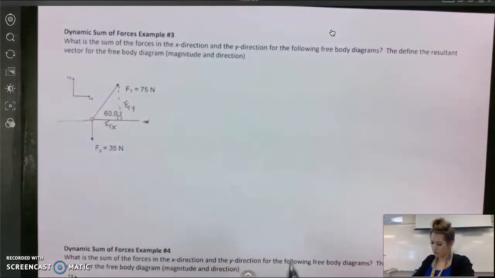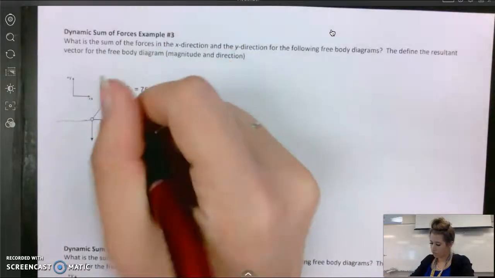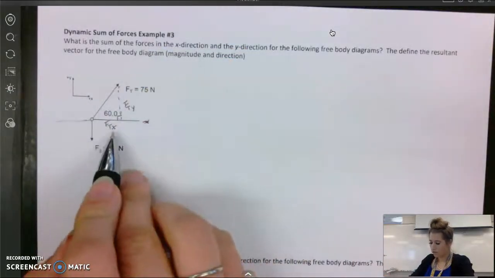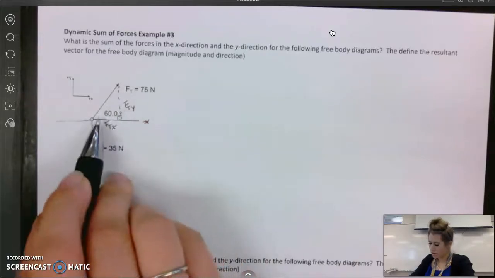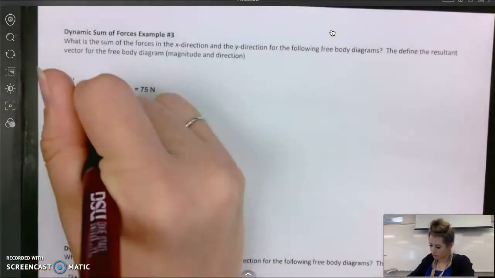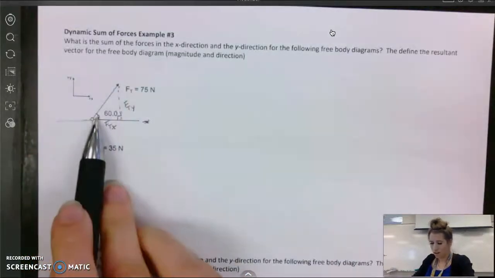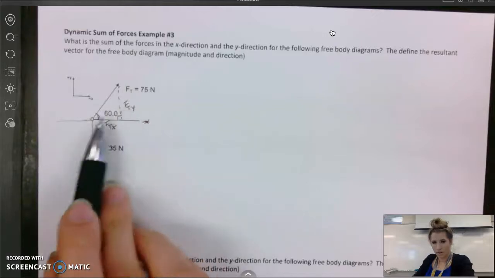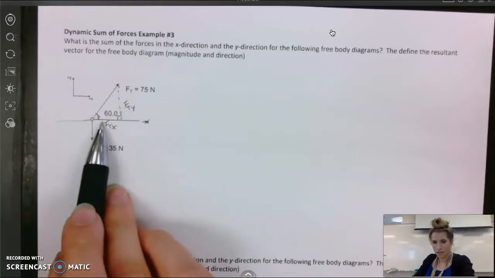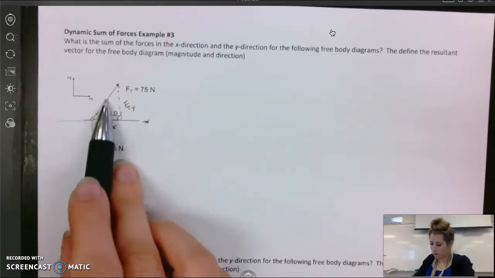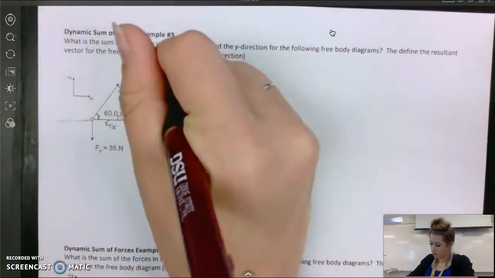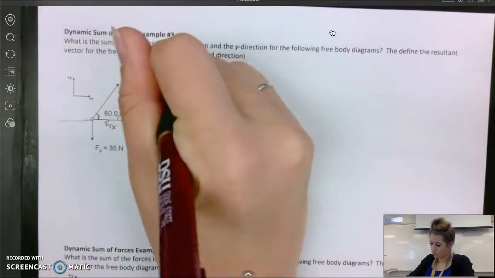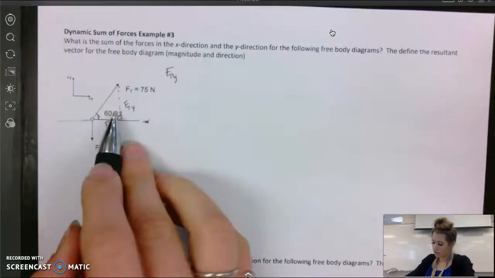So I'm going to start with that. I'm going to solve for the force due to tension in the x and then the force due to tension in the y. So here is the angle. Opposite from that angle is the y. Adjacent to this angle is the x. The hypotenuse or magnitude is the 75 newtons. So remember our trig functions, force due to tension in the y direction, that's opposite.